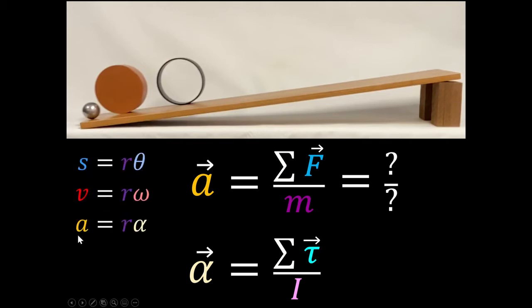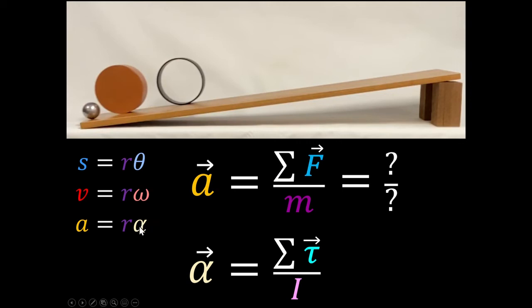And back when we did circular motion, we found that if we measure this in radians and we multiply by the radius, we can get a distance along the arc. If we measure this in radians per second and multiply by the radius, we could get a tangential velocity in meters per second.